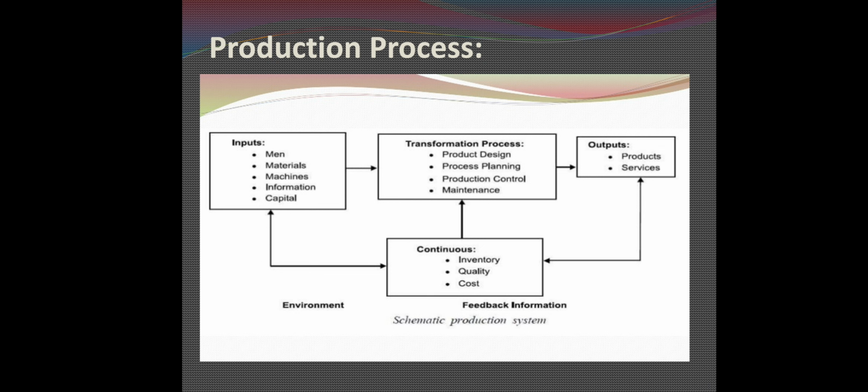In the transformation process, there may be different product designs, process planning, production control, and maintenance. So these inputs are converted to outputs by using these factors, such as product design, which is made by the company, or planning made by the organization, then the controlling process and maintenance of the organization.